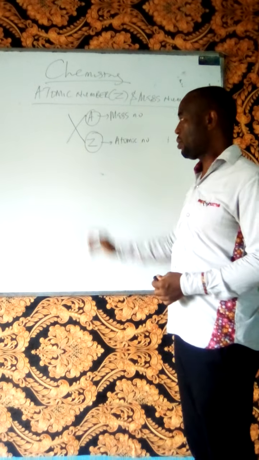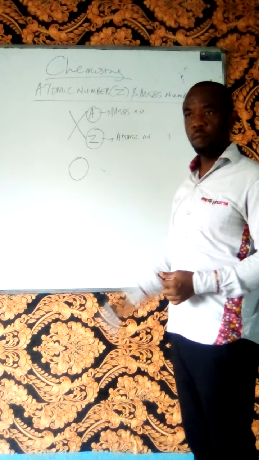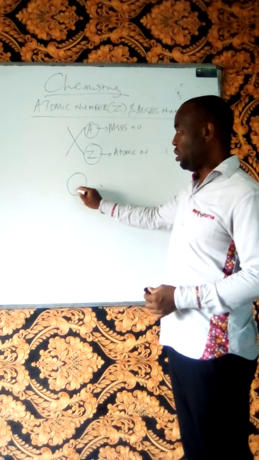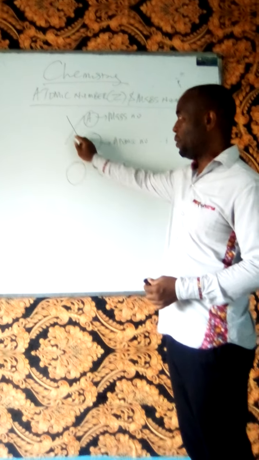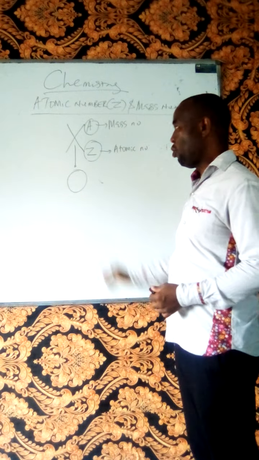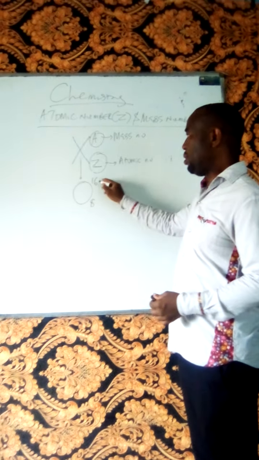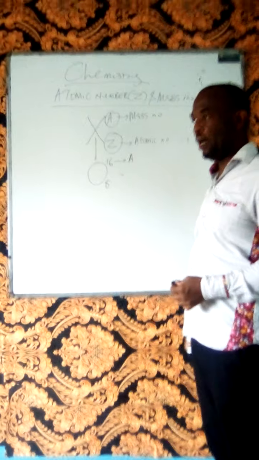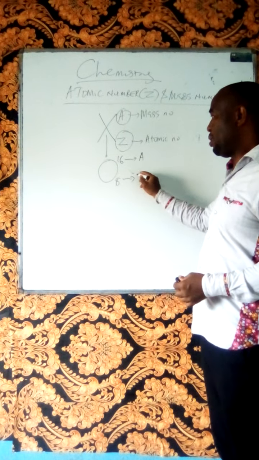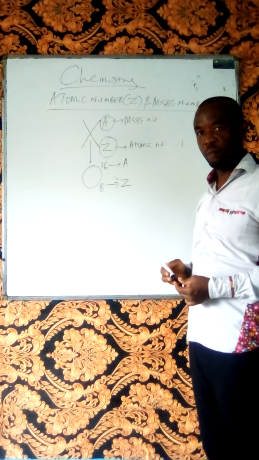For instance, if you have oxygen, O, representing S in this case, we can have 16 and 8. This 16 is the mass number, whereas 8 is the atomic number.